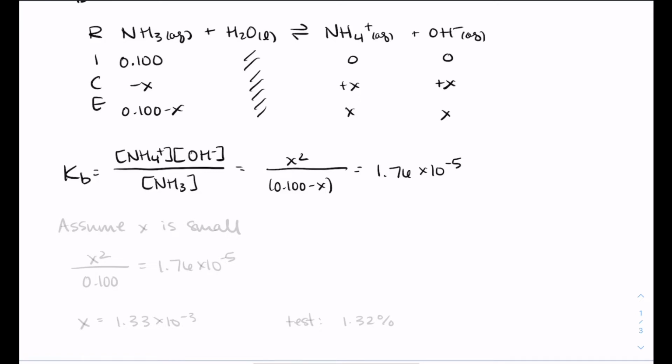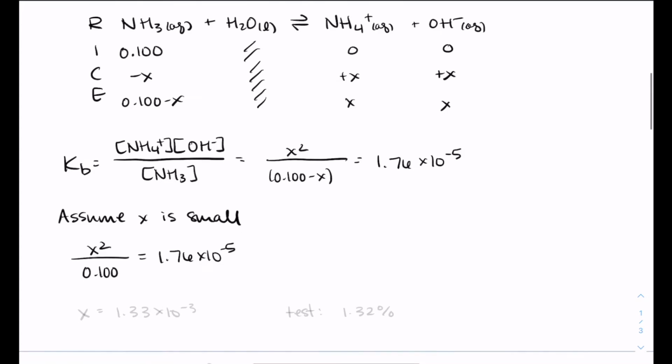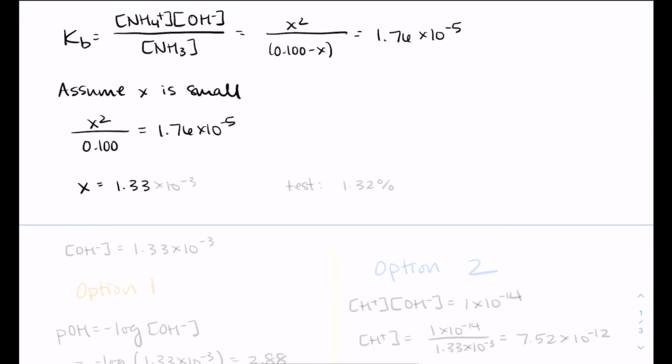So I'm going to start by finding the OH minus concentration at equilibrium, and then you can choose whichever path you want to find the pH. Initial conditions are 0.1 molar NH3, no NH4 plus, no OH minus to start. I have to show this reacting with water, but water's a liquid. It doesn't show up in my equilibrium constant expression, so I'm just going to cross out this whole column.